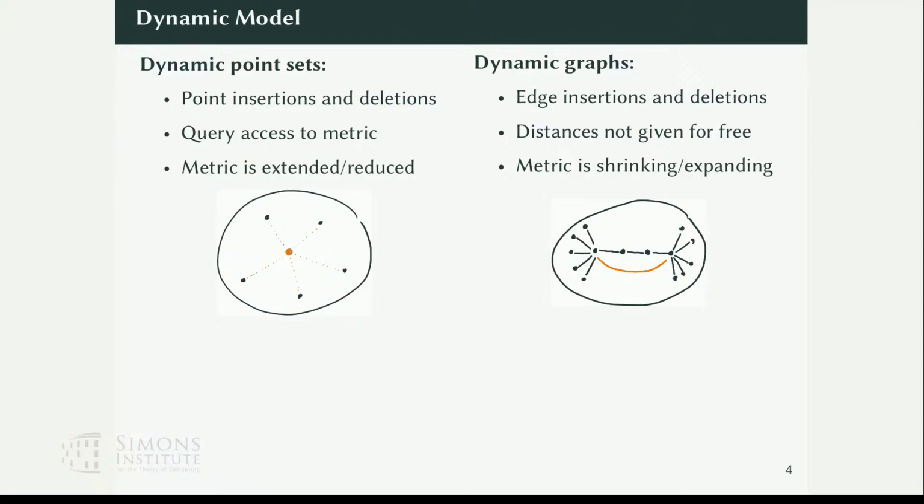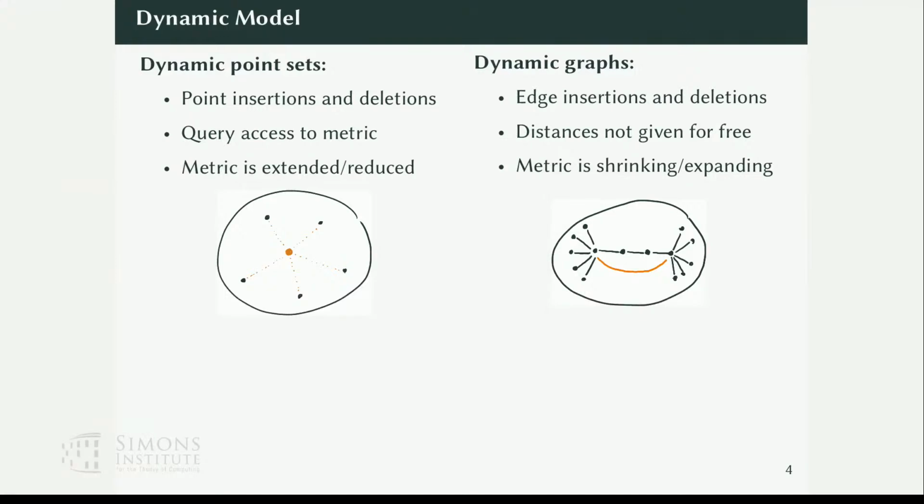So my intuitive view is that here the metric is extended or reduced by points, and here, by inserting an edge, I'm shrinking the metric, modifying the whole metric in a certain way, or if I delete an edge, I'm expanding. Another subtle thing is that here I would assume that the distance is not given a priori, so it's the task of the algorithm to maintain these distances and the metric, or the relevant parts of it.